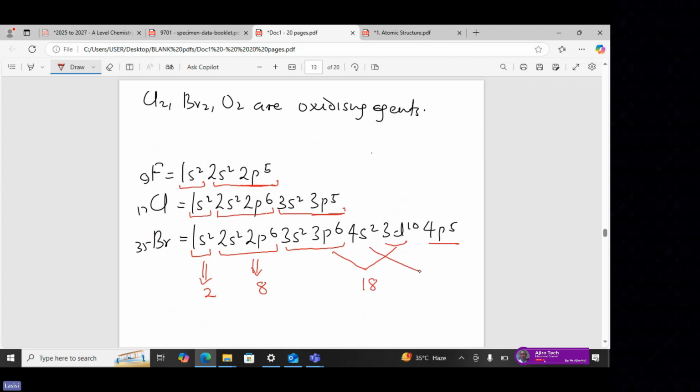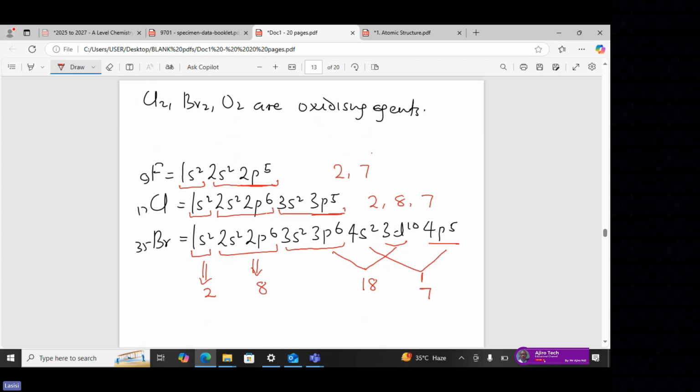Now, shell number 4, how many electrons? 7. This one is 2, 7, with 7 outer shell electrons. This one is 2, 8, 7, 7 outer shell electrons. This guy is 2, 8, 18, 7. You see 7 outer electrons. So when you write the electron configuration for an unknown element, I can tell you the group it belongs to. I'll come to that later. Is that okay?